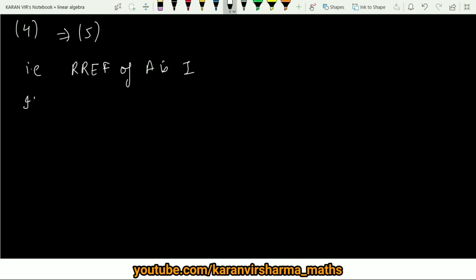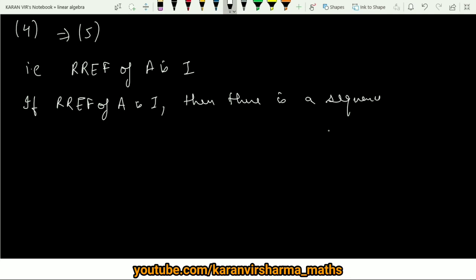So let us see how to prove this. If the row reduced echelon form of A is identity, then there is a sequence, let me call it K, of EROs. What does this mean? This means elementary row operations.